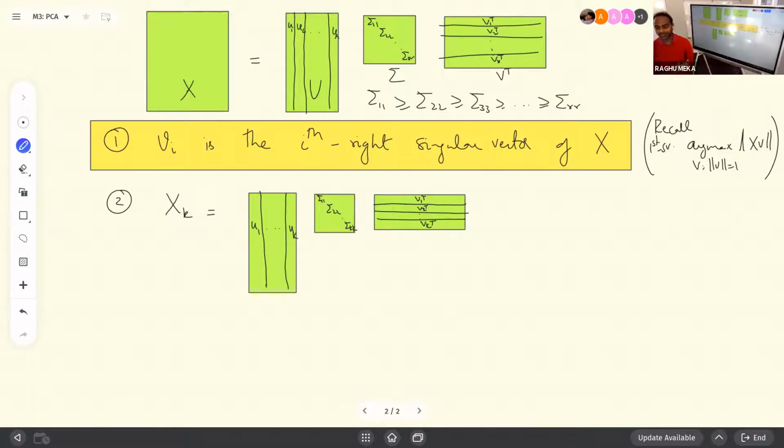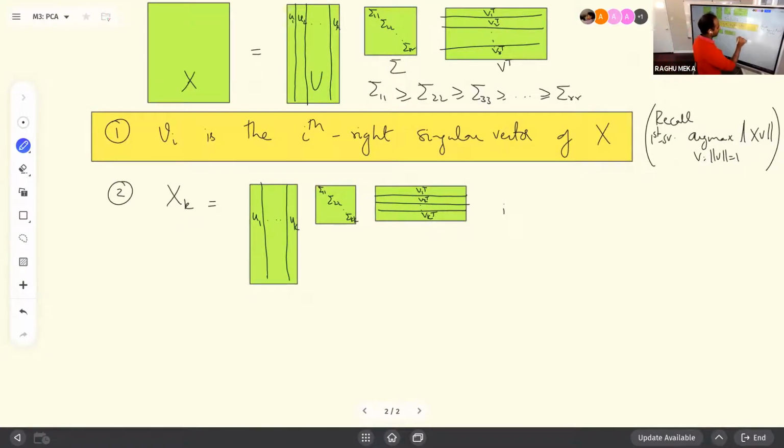Let me call this matrix Xk. If k is 1, I'm just taking the first column, the first entry, and the first row. If k is 2, I'm stripping out all but the first two things in each matrix. This is a solution to the best rank k approximation.